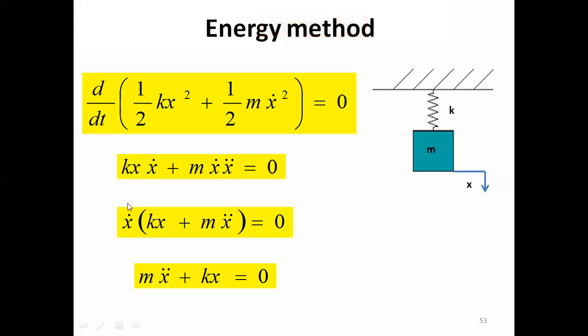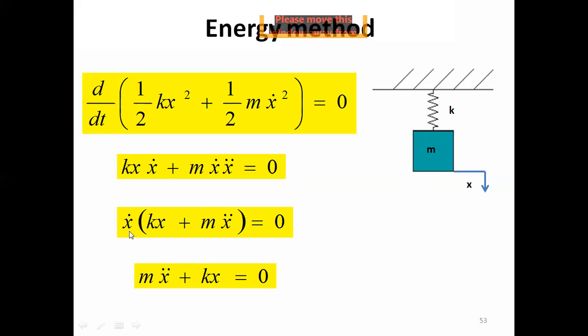And we know that when the system is vibrating, the velocity is zero only at the extreme position. In all other positions, intermediate positions and mean positions, the velocity has a value. So during all of the vibration from 0 to infinity, this velocity is not equal to 0.